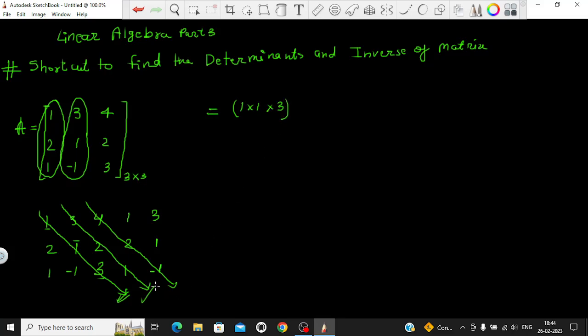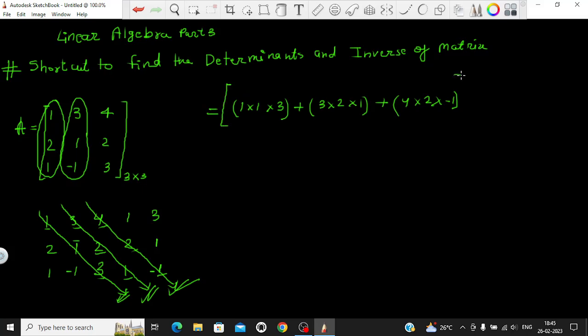On this arrow we are getting 3 2 1, so we will write plus sign and multiply 3 into 2 into 1. Now again we will write plus sign and multiply all elements falling on this arrow: 4 3 2 and -1, so 4 into 2 into -1. All these 3 arrows get multiplied.